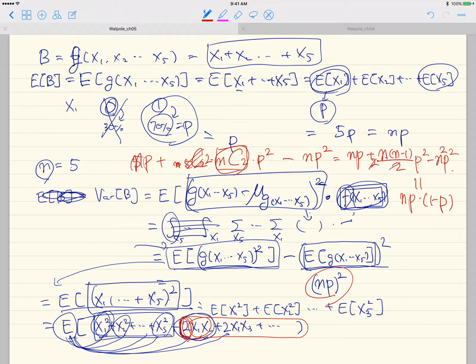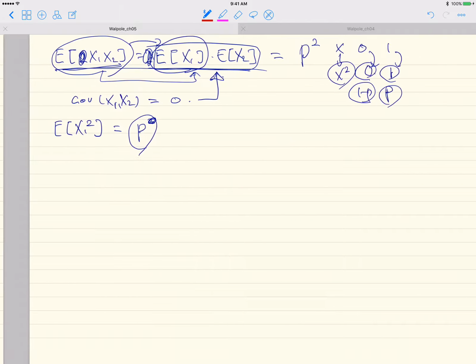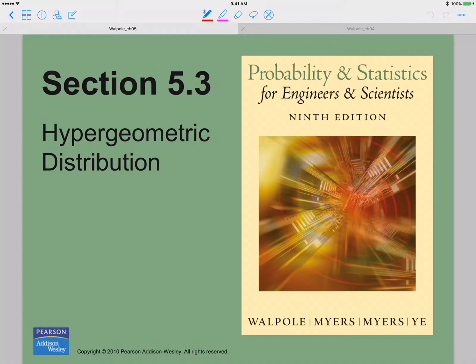And in that case, np and np squared will be the remaining terms, and after we factor them out, we will obtain this. So this is a binomial distribution. Okay.